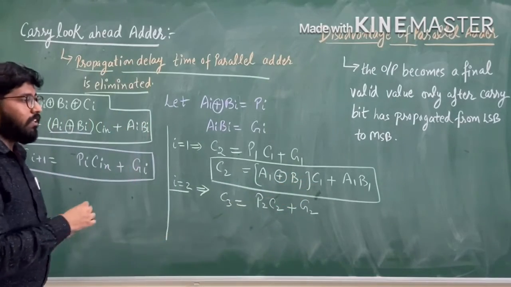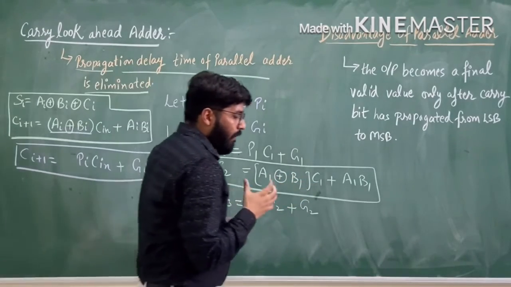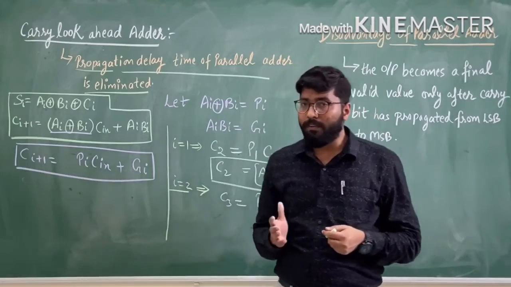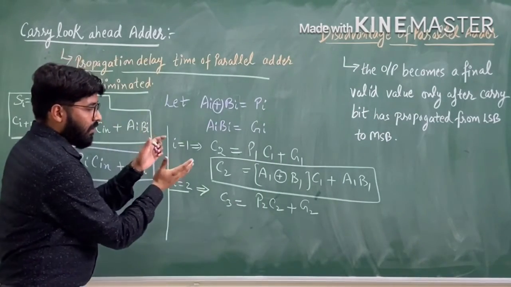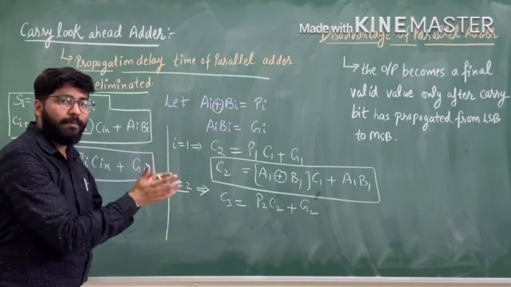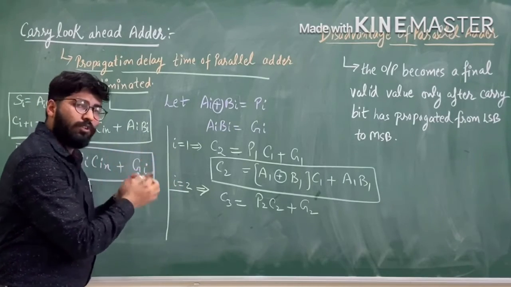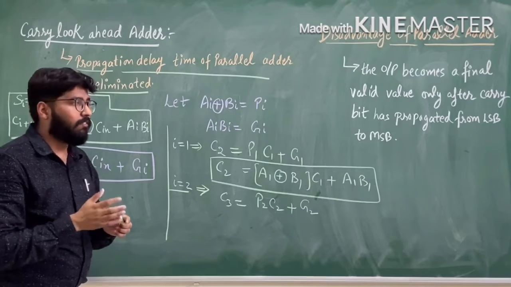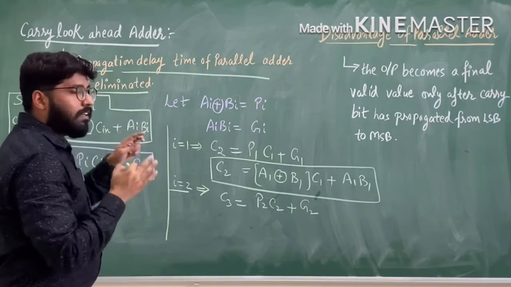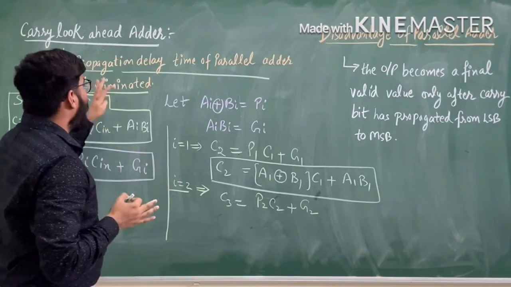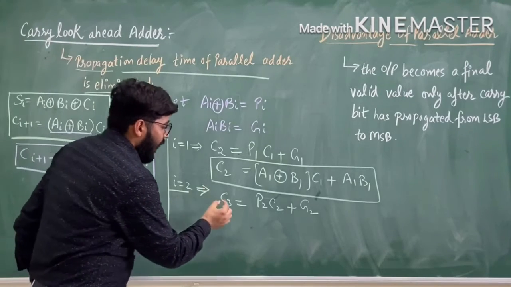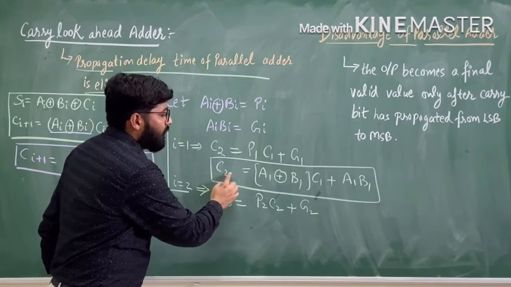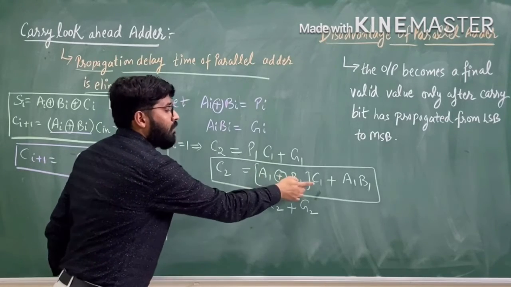In this fashion we can determine the final carry in terms of the initial carry, and the same thing is present at the same time to full adders 0, 1, 2 and 3. In this way we can eliminate the delay time of the parallel adder. It is clear, because C3 comes in terms of C2, and C2 comes in terms of C1.